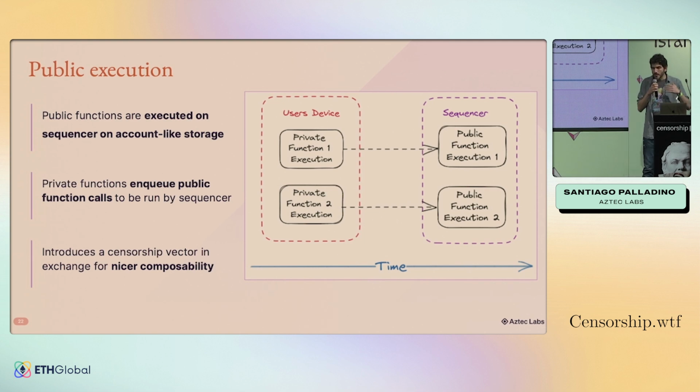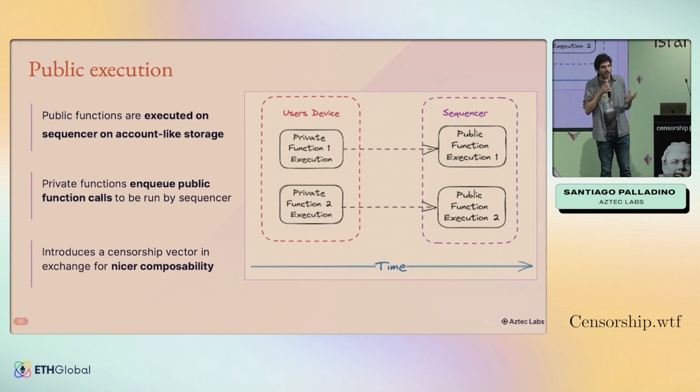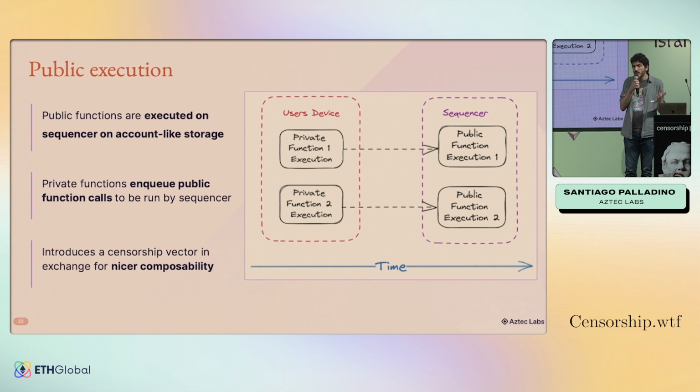The idea is that every private transaction can enqueue a set of requests to be executed in public. But how the developer manages this difference allows for this duplicity of, okay, what needs to be run in private, what needs to be run in public.